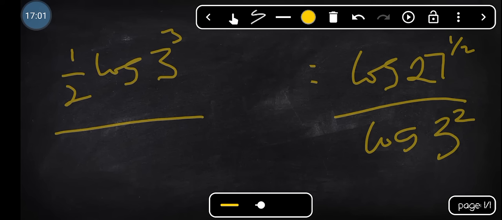Then this half can come to multiply log 27, using the law we talked about. The law is also applicable here: 2 is coming to multiply the log. Now we have 2 log 3.